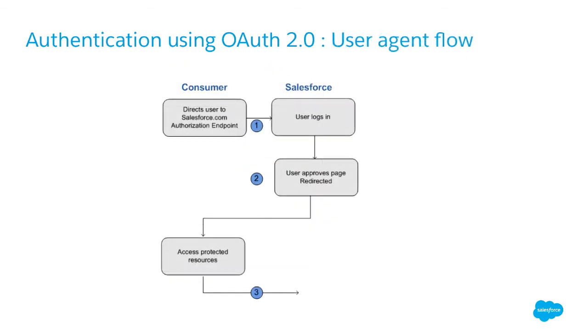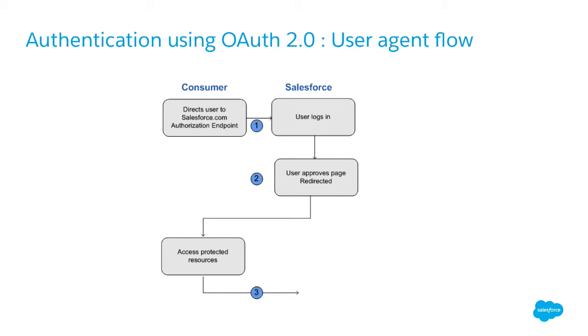So the second flow is the user agent flow. What happens in the user agent flow? This flow is used when the client cannot securely keep the access token or the authorization code. From the client side, the screen goes to a Salesforce specific screen. Username is entered, password is entered, and the token comes back.